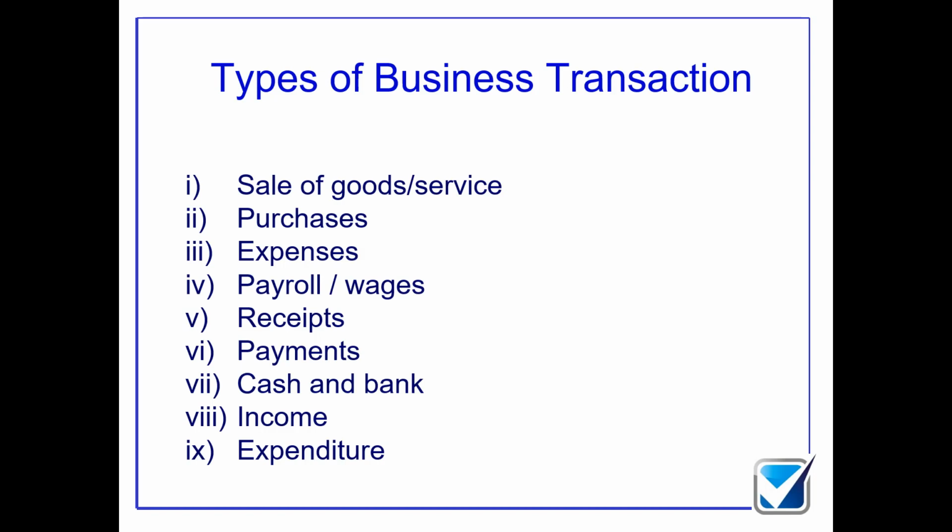So the cash is a cash receipt or a cash payment that has to be recorded. Even if there's no cash being transacted, there still may be a transaction we have to record. And again, we'll look at this in more detail when we look at the sales part of our ledgers, and we also look at the purchases and expenses parts of our ledgers. So we will look at that in more detail.